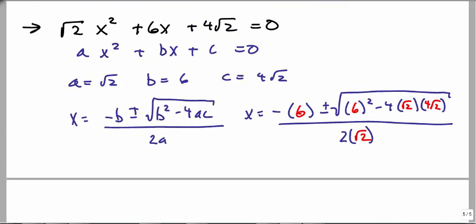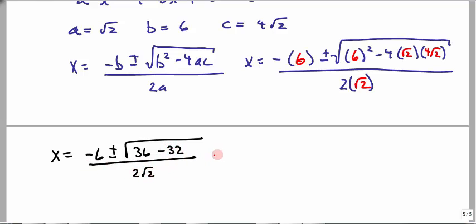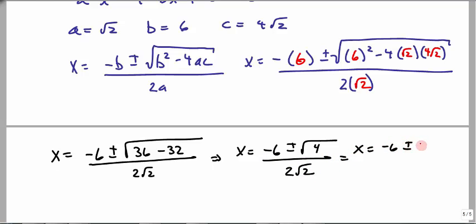So I like to set these up with parentheses and then plug everything in. So I have x equal negative 6 plus or minus the square root of 36. Now, 4 times 4 is 16. Root 2 times root 2 is 2. So this is 36 minus 32, all over 2 root 2. Simplifying, negative 6 plus or minus the square root of 36 minus 32, which is 4, all over 2 root 2. X equals negative 6 plus or minus 2, all over 2 root 2.